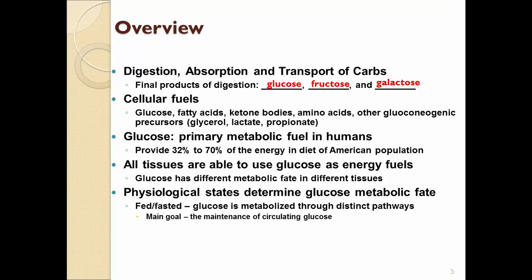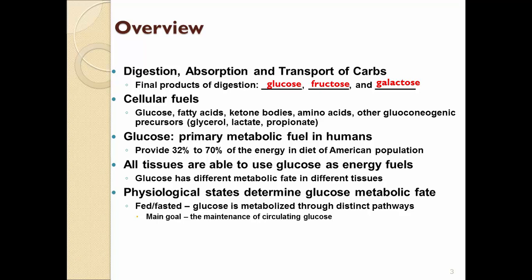But these are all important energy fuels. That means these molecules can be oxidized in the cells and produce ATPs. And glucose is the primary metabolic fuel in humans in terms of energy production, right? So for example, in our diet, 32 to 37 percent of energy that we need actually comes from the glucose, right? So glucose is a very important energy fuel in humans. And all tissues are able to use glucose as energy fuel.